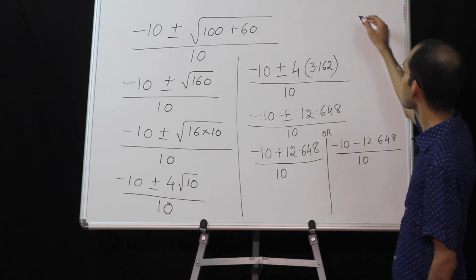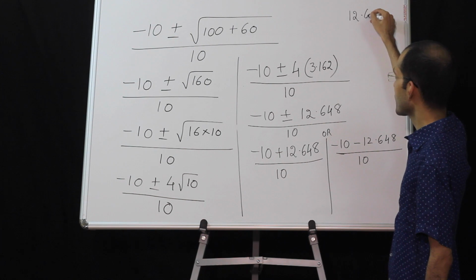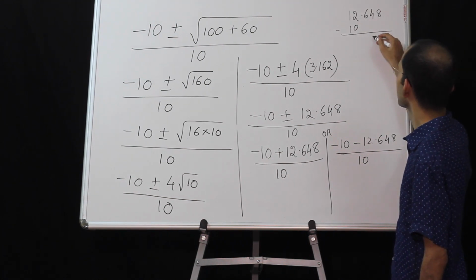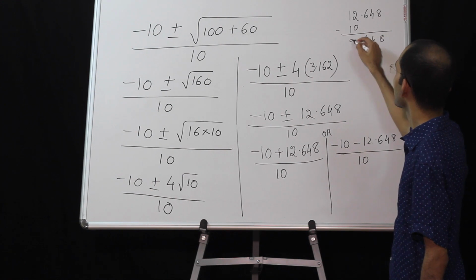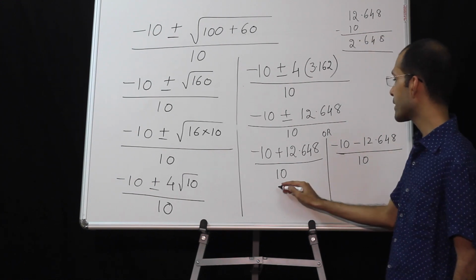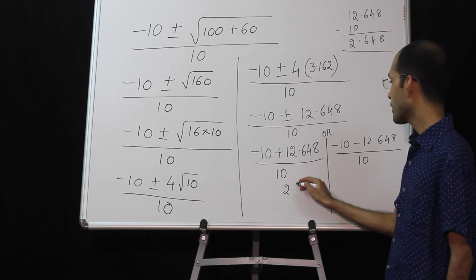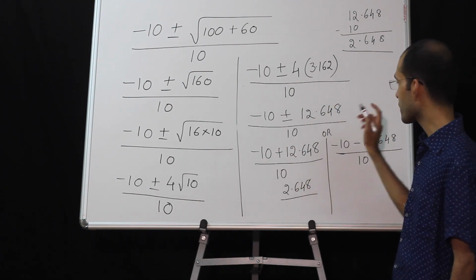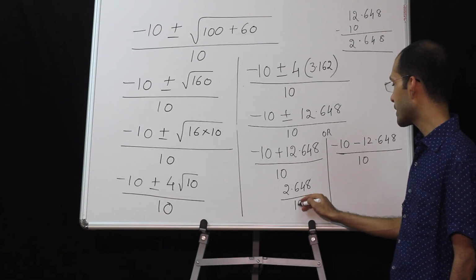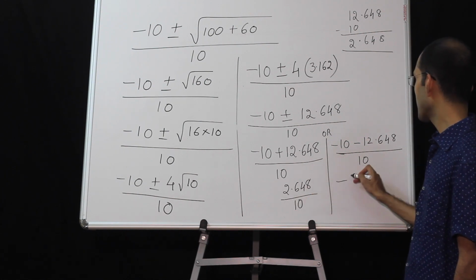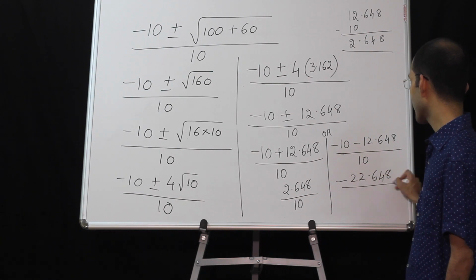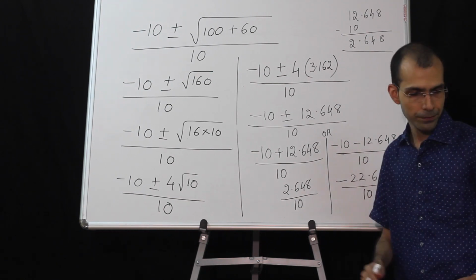actually subtracting. So this will be 12.648 minus 10. So it comes 2.648. Signs we will adjust. So it is positive, divided by 10. This will be minus 22.648 divided by 10.